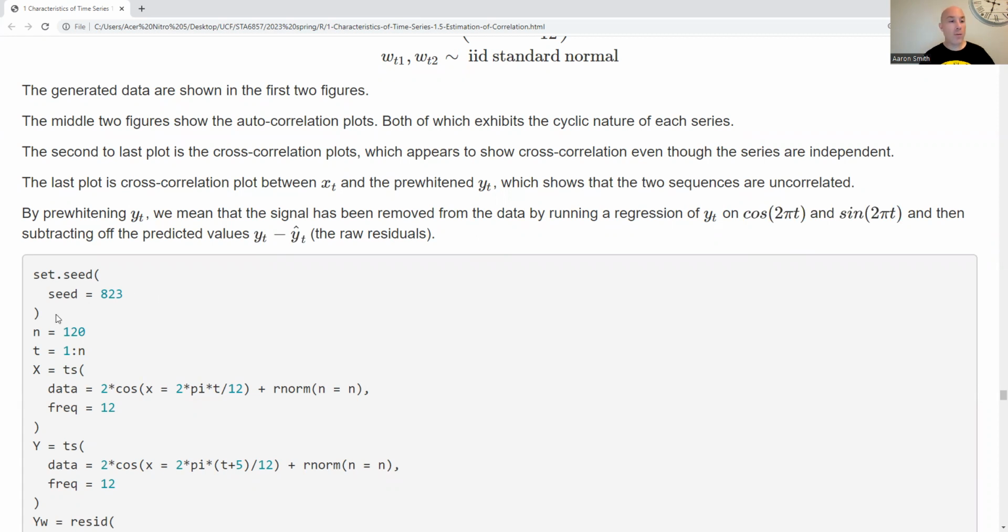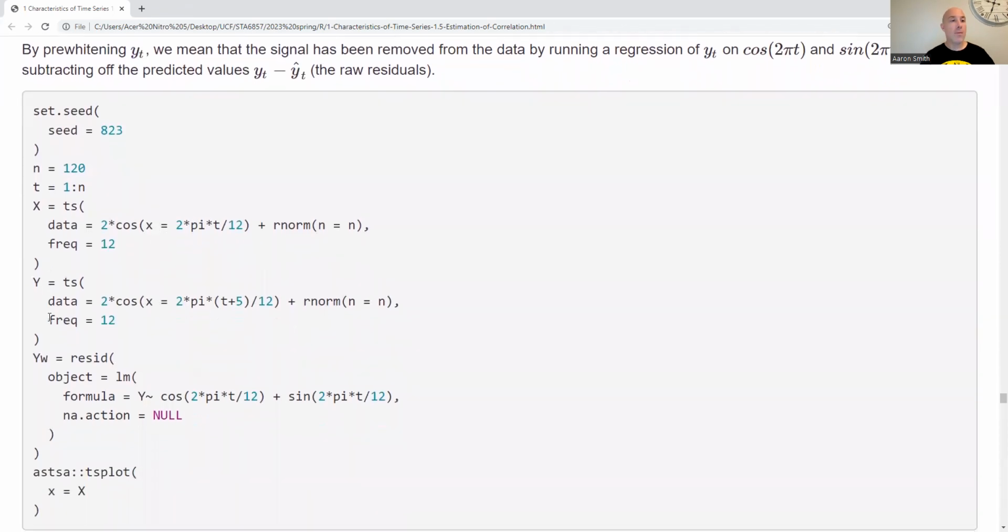Here I'm doing my random number generation, setting the seed so I can reproduce the results in the future. We have 120 data points. Here, t is my time. X is that cosine function with a random term.